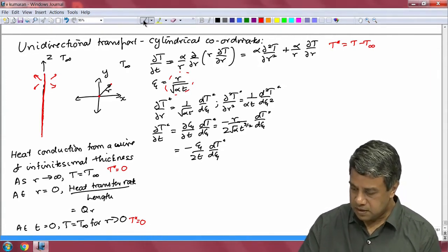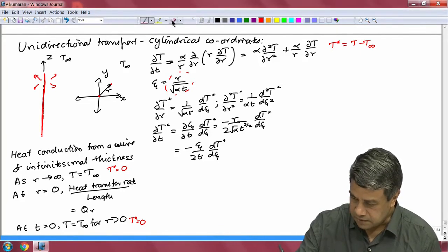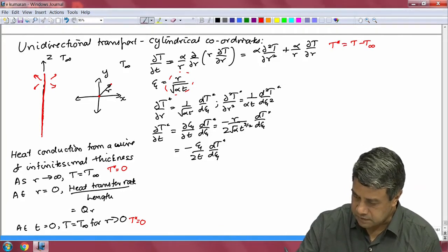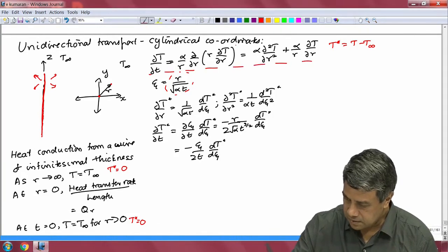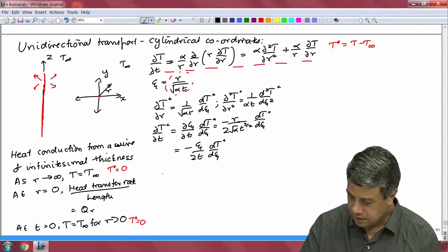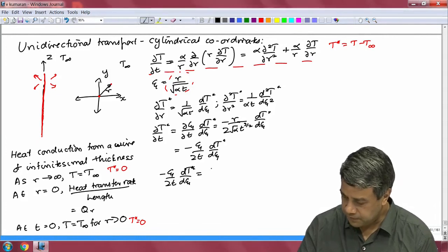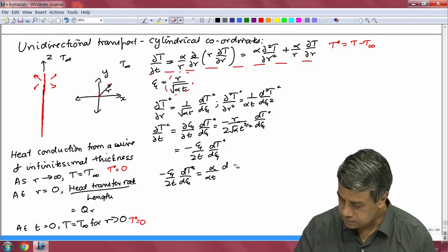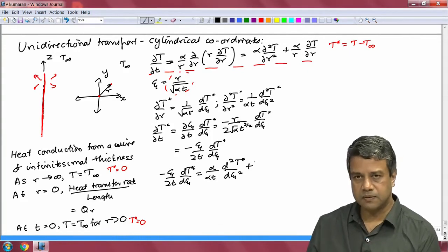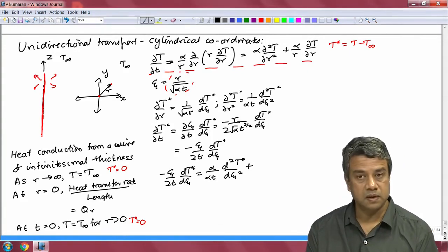So, substituting these into the equations, okay, into this conservation equation, minus psi by 2t dT by d psi is equal to alpha by alpha t d square T by d psi square plus the second term here, which is alpha by r into the first derivative.